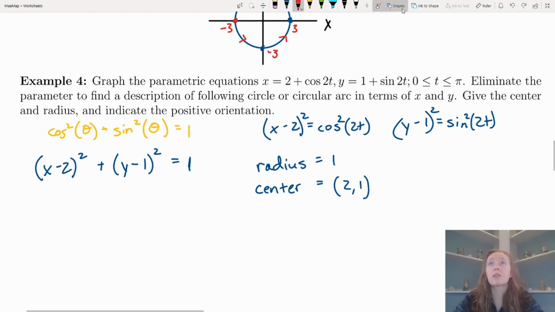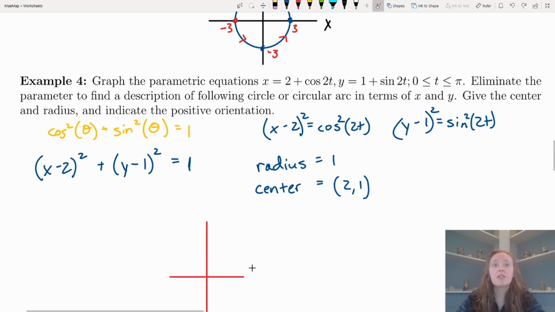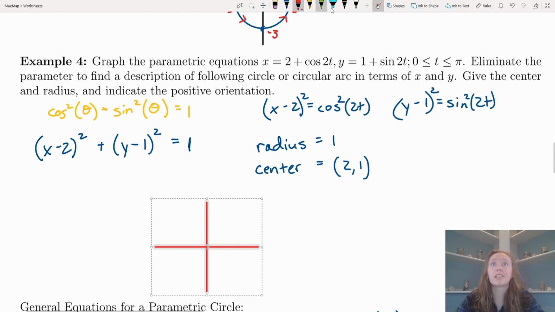So now that we know that it's counterclockwise, this is going to be a little bit easier to graph, because now t will just really be to help us figure out where we're starting and stopping. So I know my center is at 2, 1. So here's the center of my circle, and I have a radius of 1, and I'm going to be starting and stopping at, well, let's take a look.